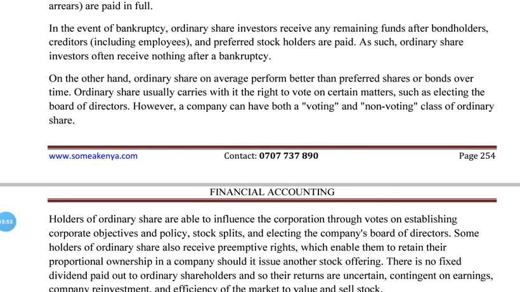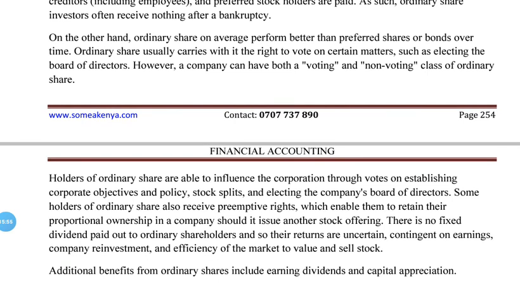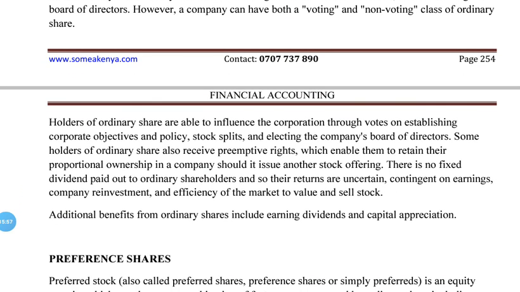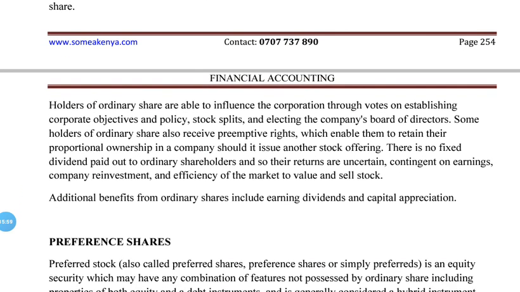So some shares may be differentiated into different classes. So holders of ordinary share are able to influence the corporation through votes on establishing corporate objectives and policy, stock split, and electing the company's board of directors.